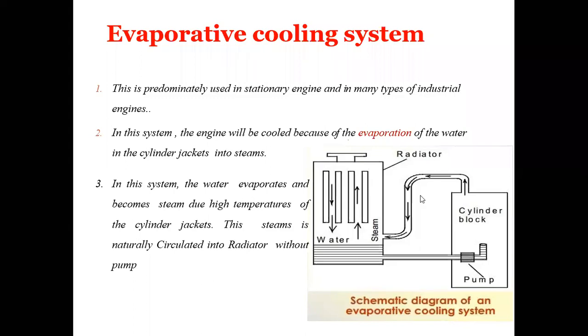Once it is converted into steam, it is passed to the radiator. As you all know, the function of a radiator is to cool any hot fluid. This is not 100% steam; it may be in a wet condition, a mixture of liquid plus water vapor.